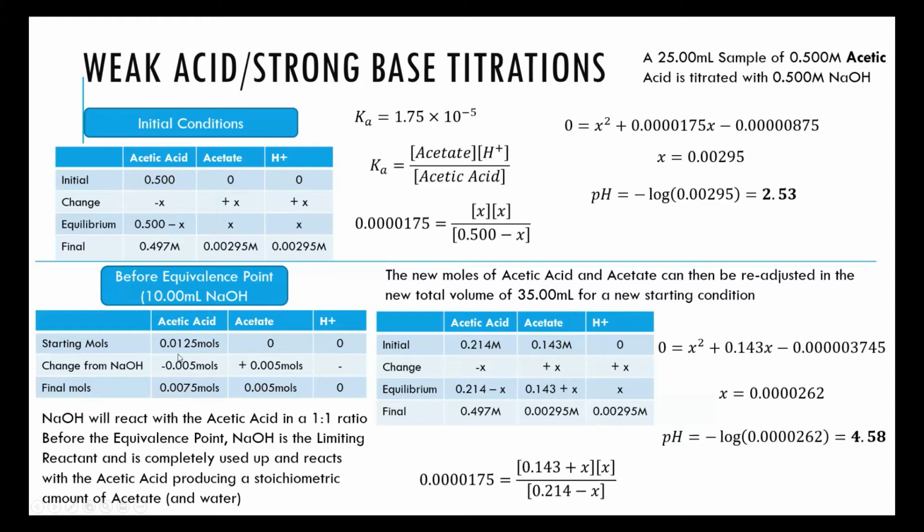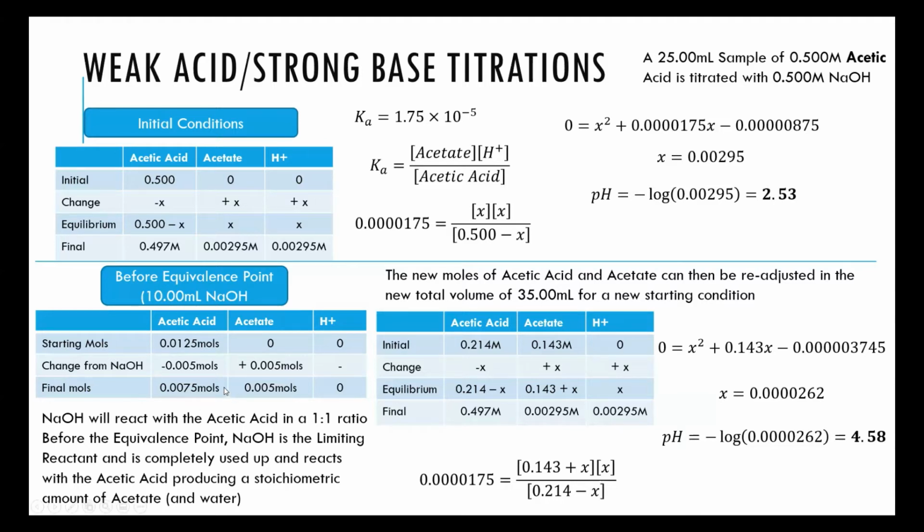However much did react, that's how much of the conjugate base was produced. And now you have this combination of a weak acid and its conjugate base. This system before the equivalence point is a buffered system, and you can treat this just as a buffer.